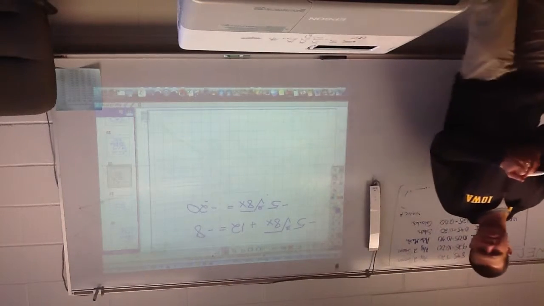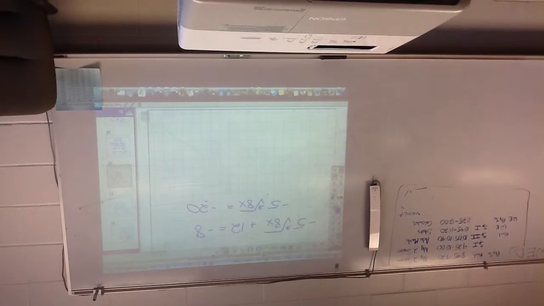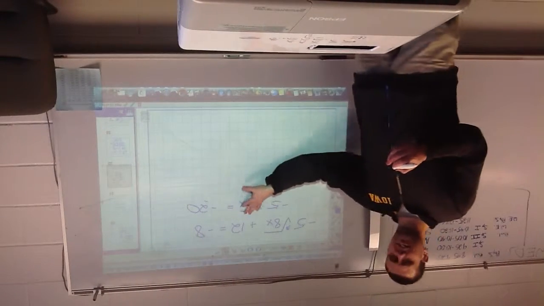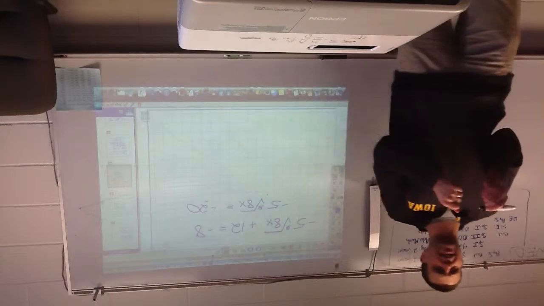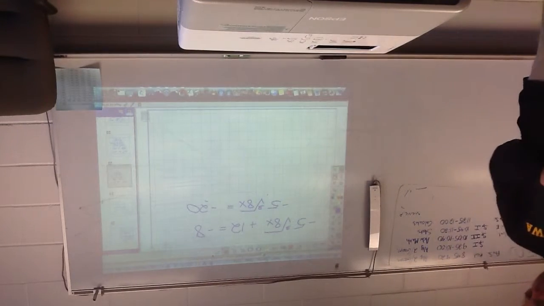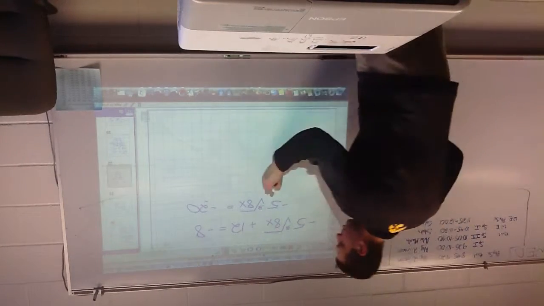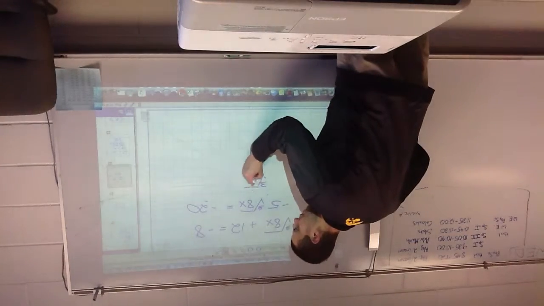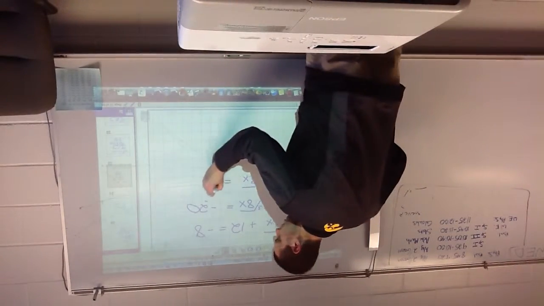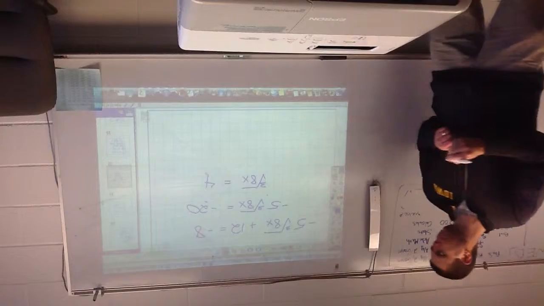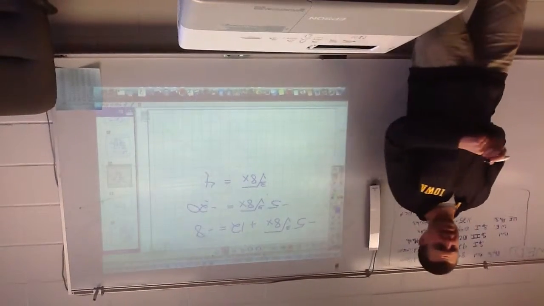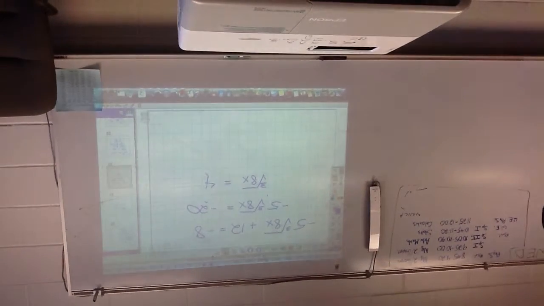Then what do you think? Divide by that negative 5. Get rid of that negative 5 because you want that radical by itself. You really want that cube root of 8x to be by itself before you start raising both sides to a power. So that'll give me the cube root of 8x equals 4. Now what do you think we do to both sides?